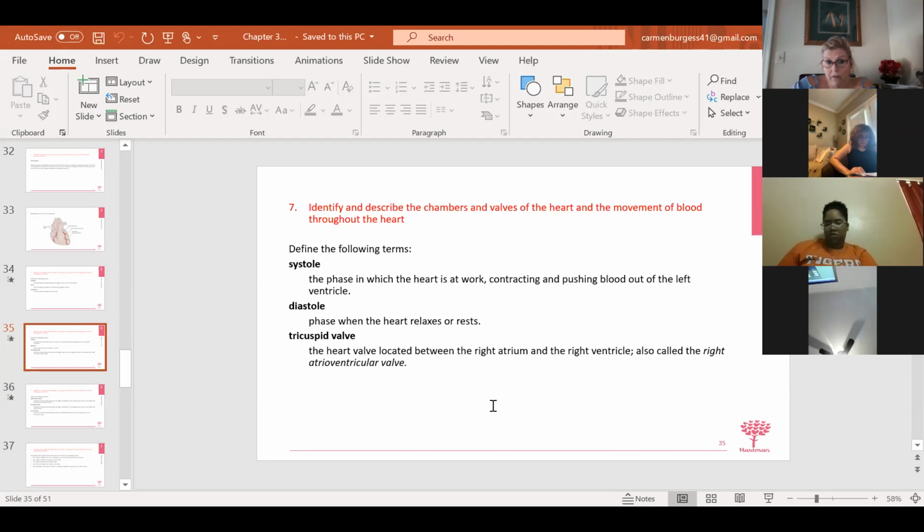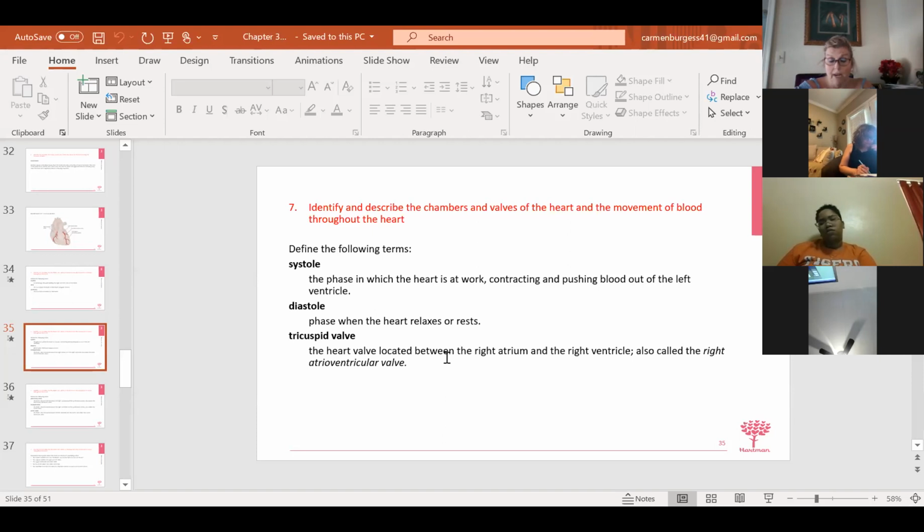You have to know the valves of the heart. We have the tricuspid valve. It's just like it sounds. There are 3 flaps. It's located between the right atrium and the right ventricle. So what kind of blood comes to the right atrium? Oxygenated? No. Where do the inferior and superior vena cava jump into?